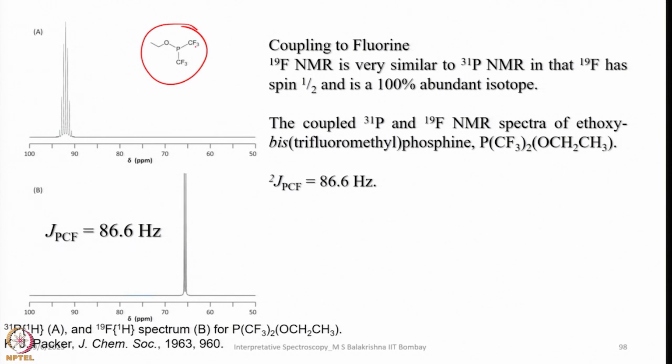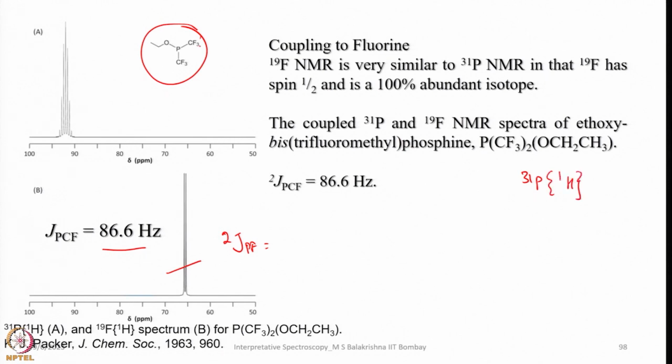When we look into 19F NMR of this one, both of them are identical. CF3 identical. They are coupled through 2 bonds to phosphorus. So one phosphorus is there. So this signal will be split into a doublet, and here this 2J PF coupling is about 86.6 hertz. But when we look into phosphorus NMR, here it is 1H decoupled 31P NMR.